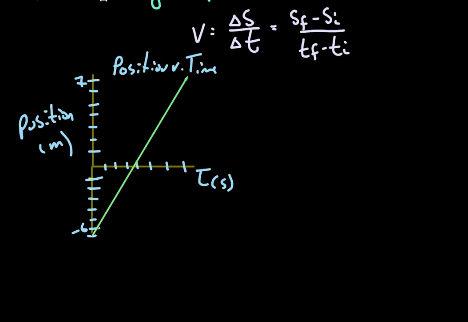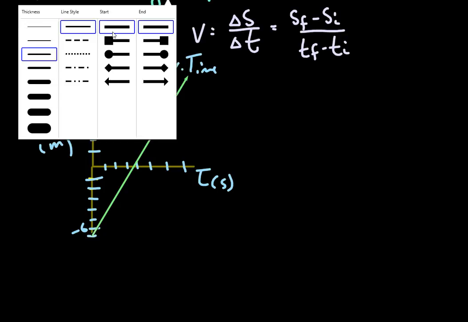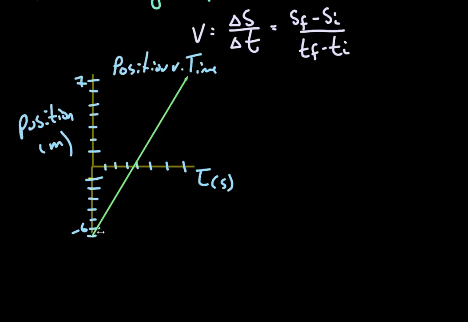So I want to remind you that if we're looking at a line like this, if I'm talking about delta S versus delta T, let's see what I'm really talking about here.